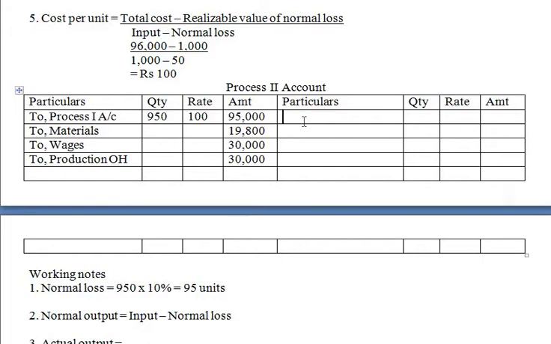So we are going to show it on the credit side by normal loss account, 95 units. And the realizable value is given in the problem, that is 40. So that is 3,800.